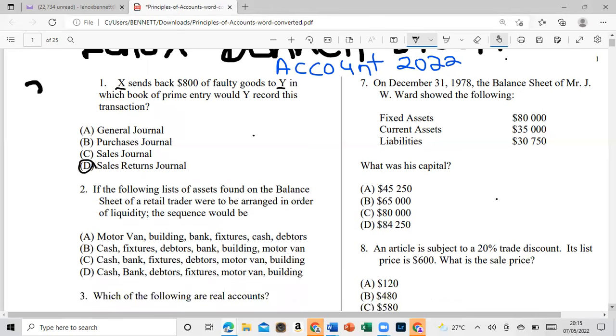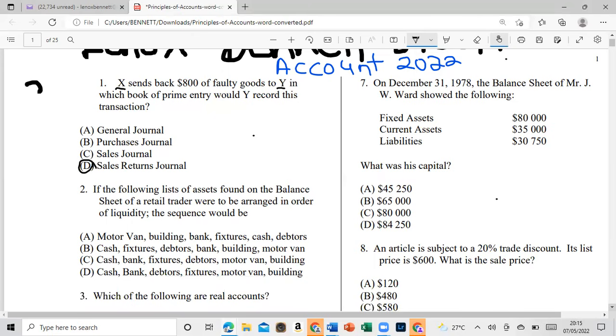It says, if the following list of assets found on the balance sheet of a retail trader were to be arranged in order of liquidity, the sequence would be... Now guys, the first thing I want you to think about: liquidity is how fast you can turn it into cash. So is it motor van, building, bank, fixtures, cash, debtors?